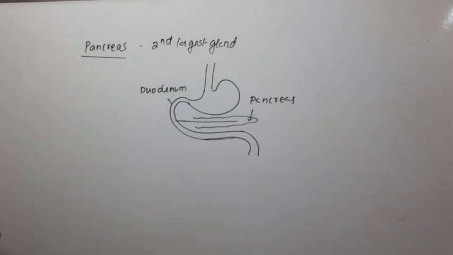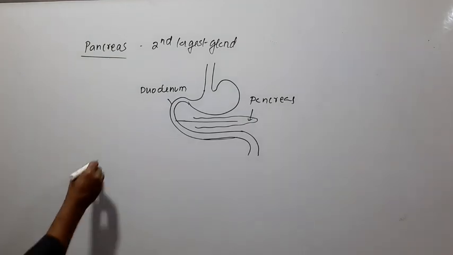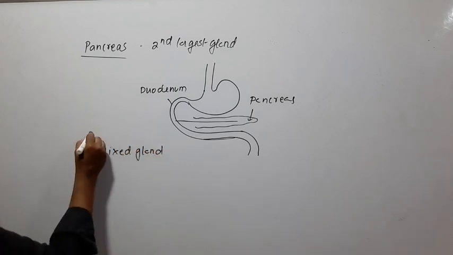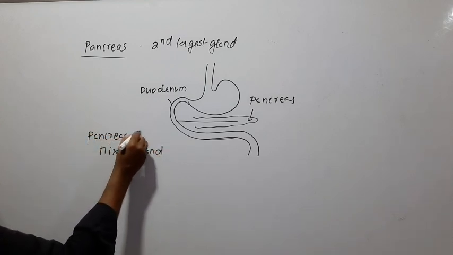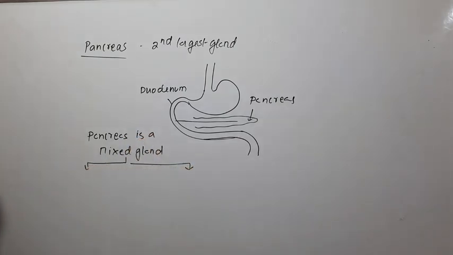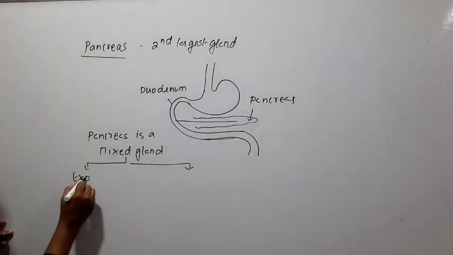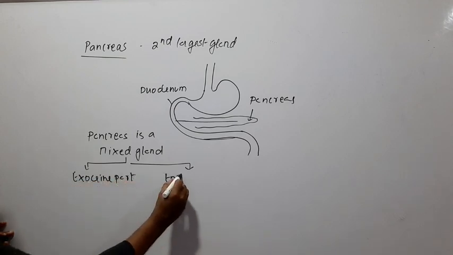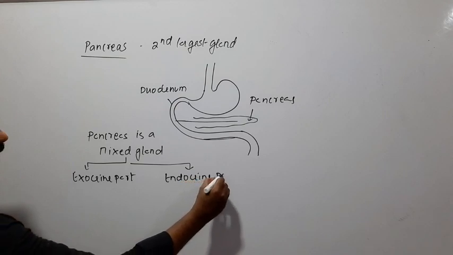Now we call the pancreas a mixed gland. Why do I call it a mixed gland? Because it performs two functions: one is exocrine and another one is endocrine. So it has an exocrine part and also an endocrine part.